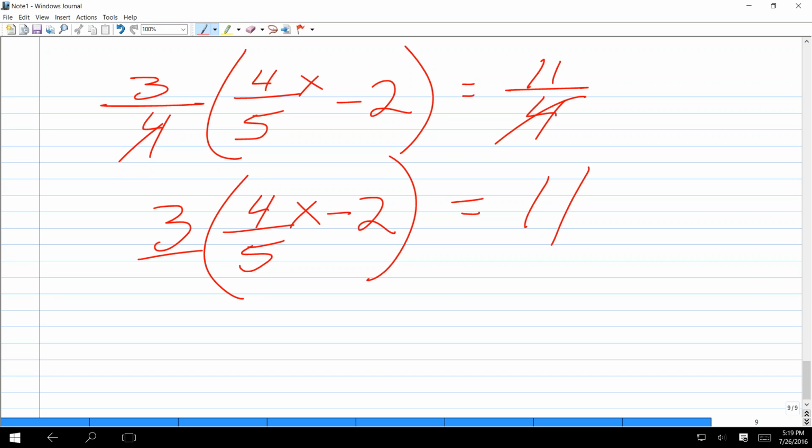Makes it easier, put a 1 under that. So it's going to be 12/5 x. Exactly. Minus what? It's 3 times minus 2, so negative 6. 3 times 2 is 6, not 3 plus 2 is 5.